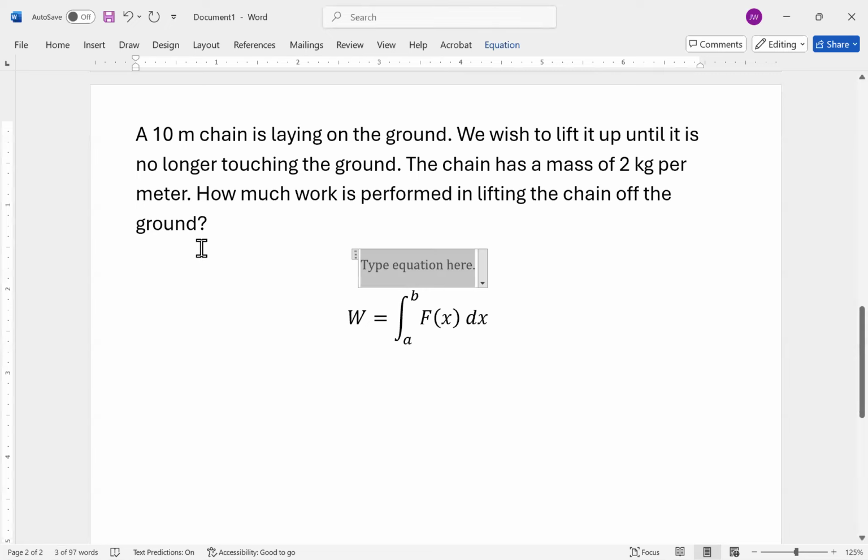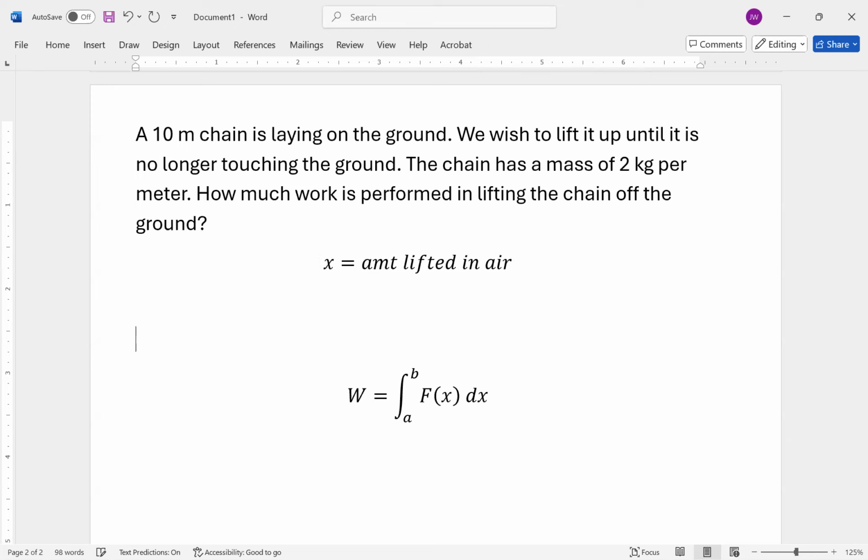I'm going to let my X here be the amount of the chain that is lifted in the air. If I do that, then the force function is going to be my gravity constant times the weight of the chain per meter.